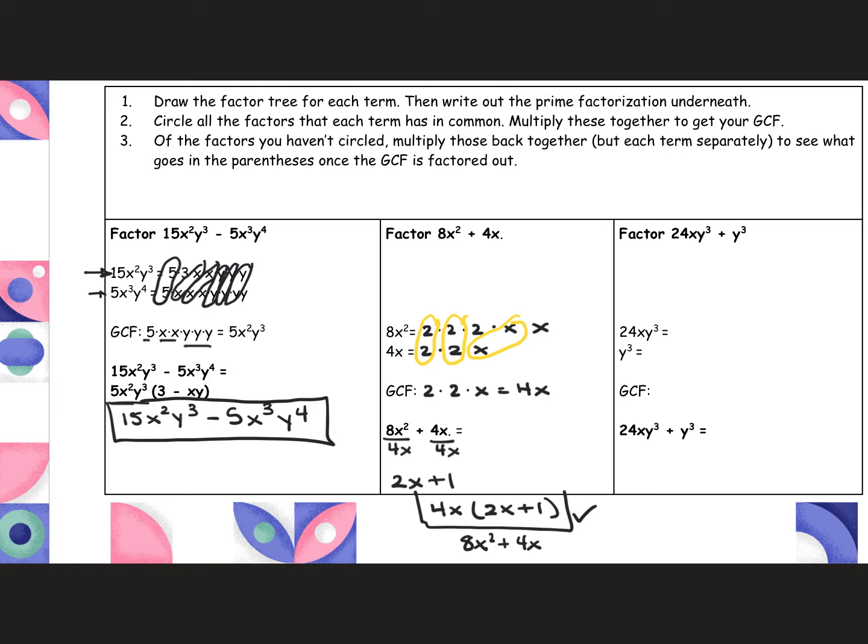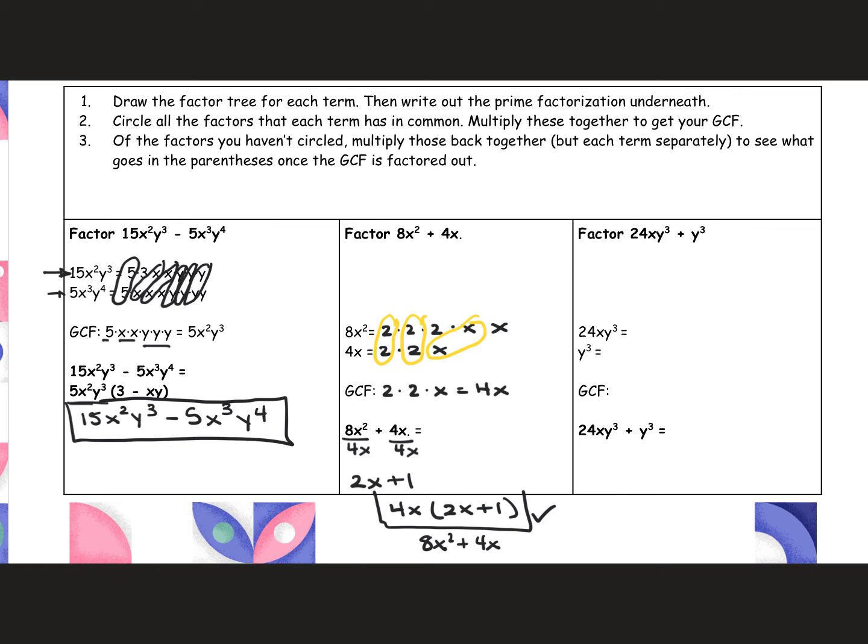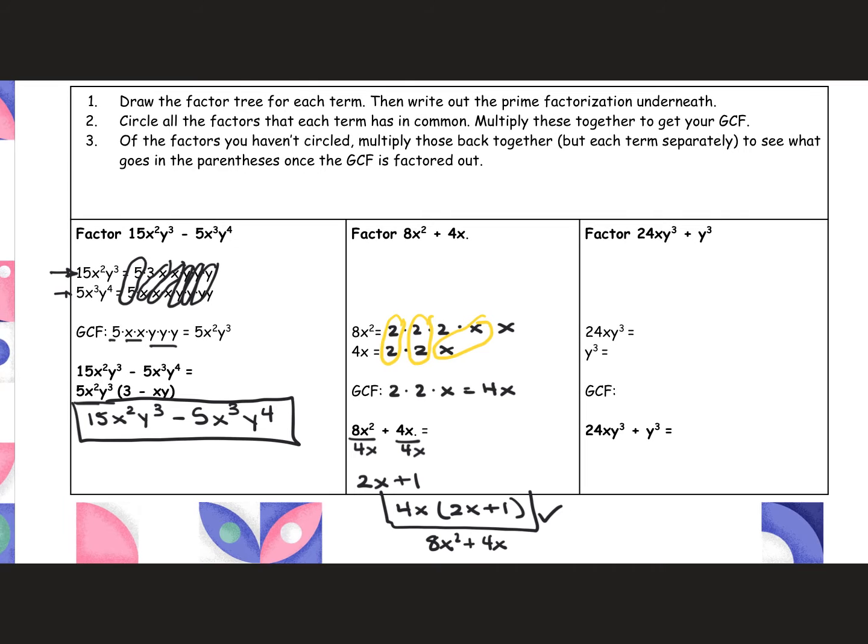All right, let's look at the next one. So we have 24x y cubed plus y cubed. All right, so 24, we're going to go ahead and break that down. I'll show you this one using the prime factorization tree. So we have 24. I can multiply 2 and 12. This kind of goes back to when we were simplifying radicals. I have 2 times 6, which is 2 times 3.